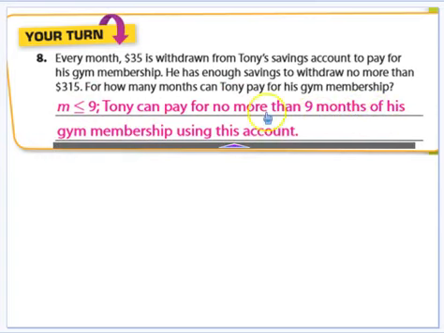All right. So it's 35x is less than or equal to 315. He cannot withdraw more than 315 from his savings.